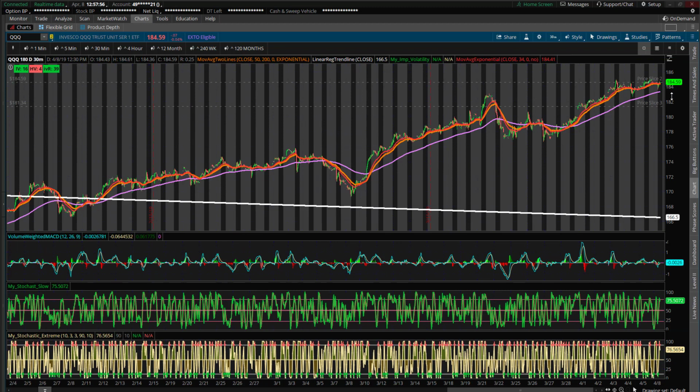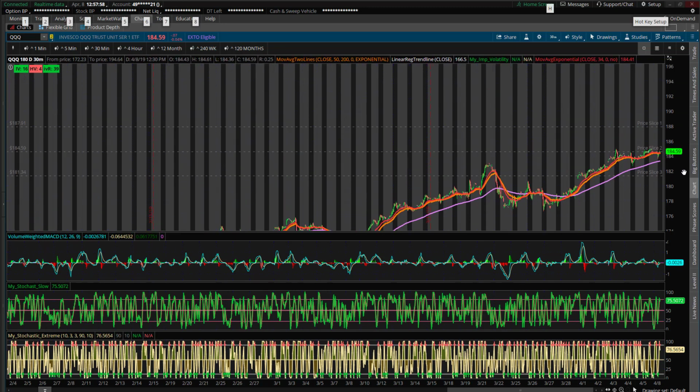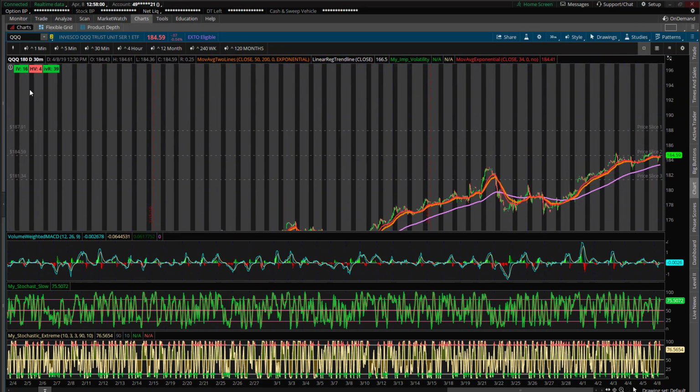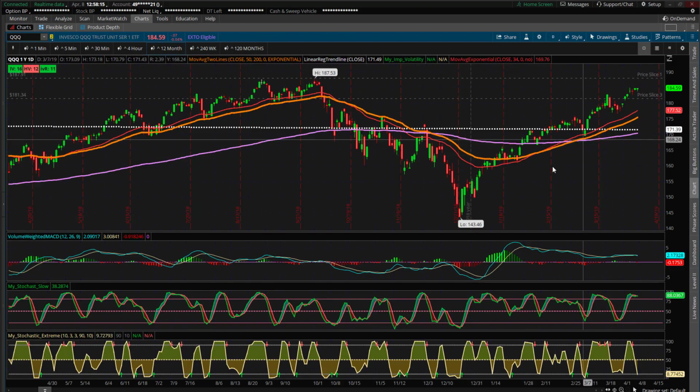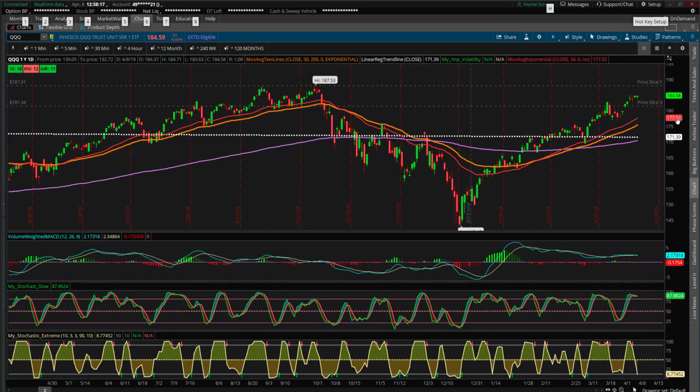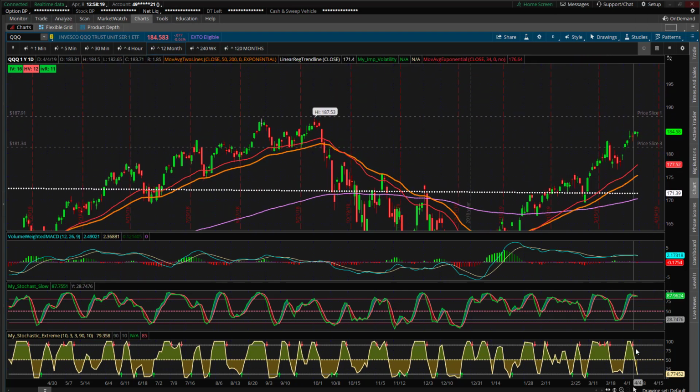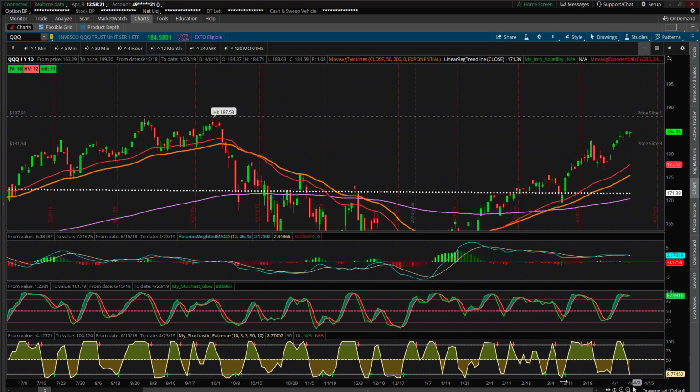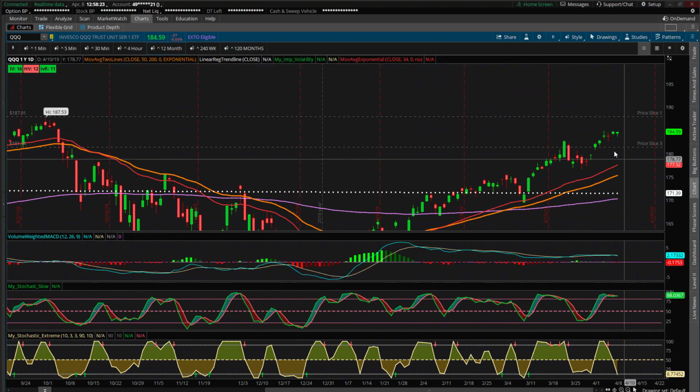And now you can see that it brought me out to the Qs on the charts, and it put those slices there for me. So we have the current price, which we don't really need. And then we have our upper and lower ranges. We apply that to the daily chart. Now we've got a really great visual of how far the Qs could move up or down between now and Friday.